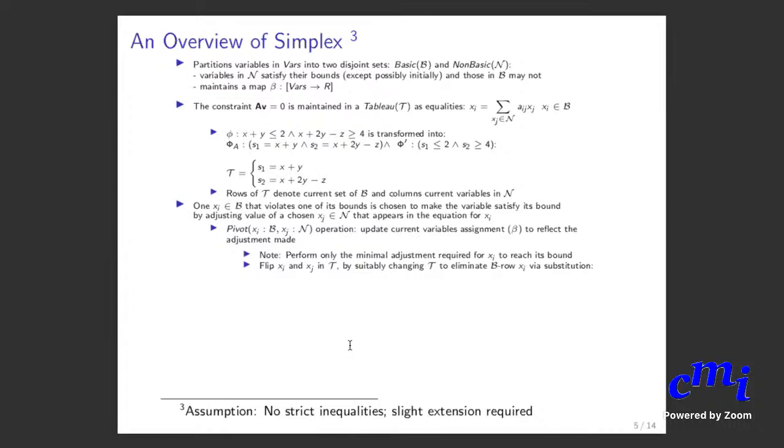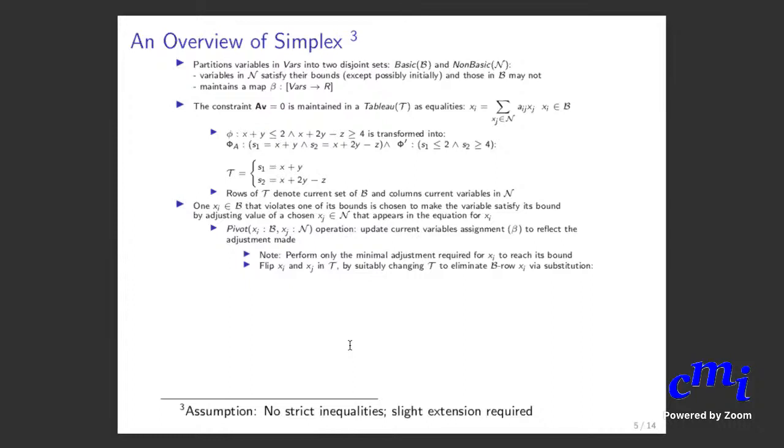Now that is partitioned into a basic set and a non-basic set. Some subset of the variables will be in the basic set and the others in the non-basic set.